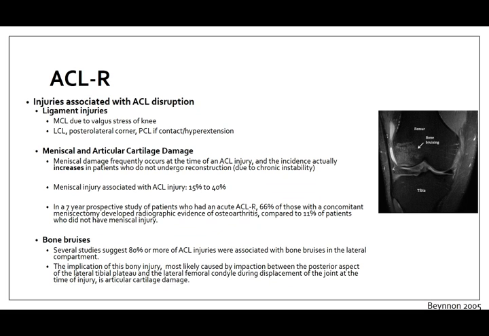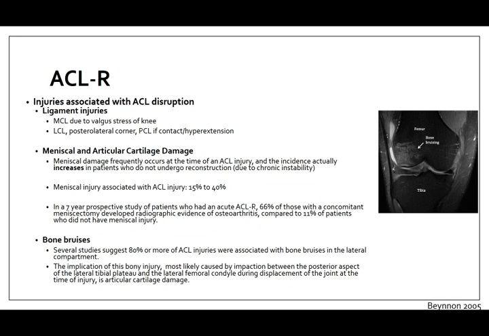But meniscal damage frequently occurs at the time of an ACL injury, and the incidence actually increases in patients who do not undergo reconstruction, and this is due to the chronic instability of the knee. If you lose the stability the ACL provides, then the femur and tibia rub together a lot more in ways that they shouldn't, which can create tearing of the meniscus.